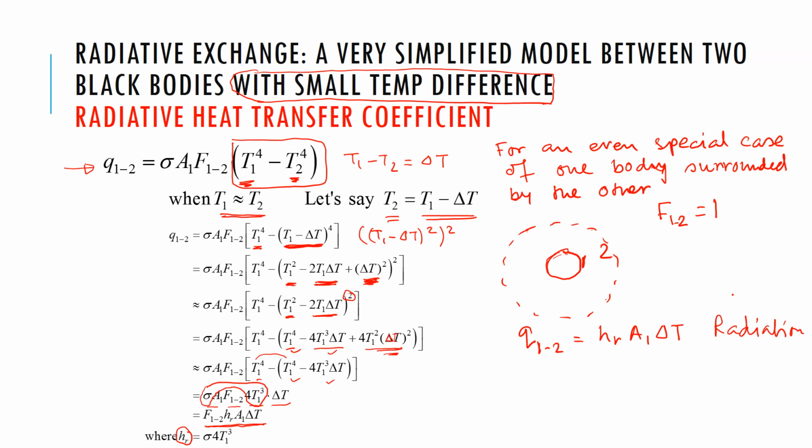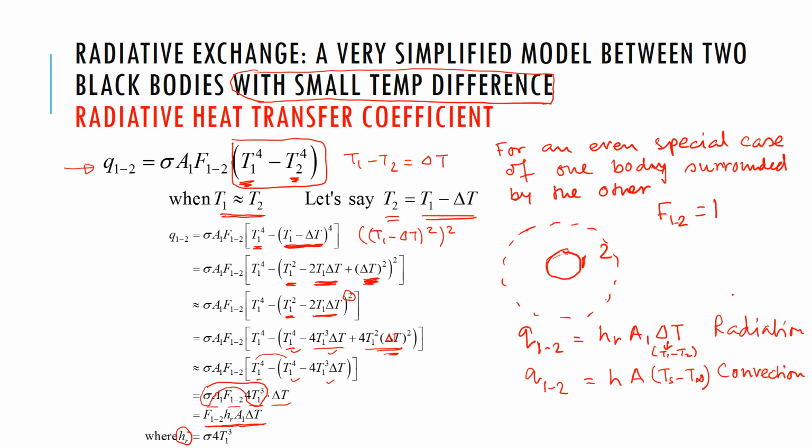Okay, but for convective heat transfer, for convection we have this formula, Q1 to 2 is equal to h times A times (Ts minus T infinity), or we can think of this delta T as T1 minus T2.